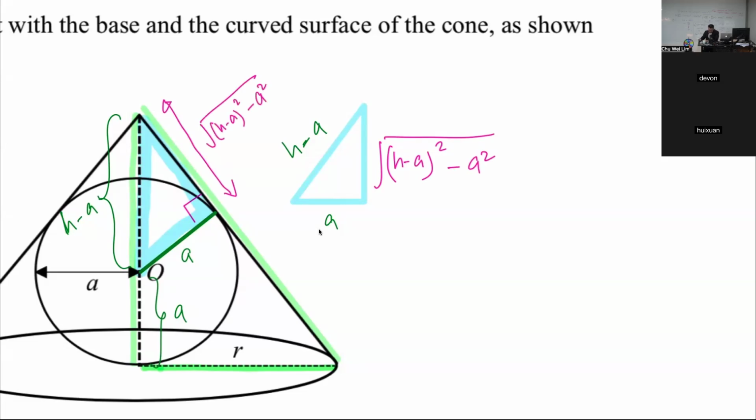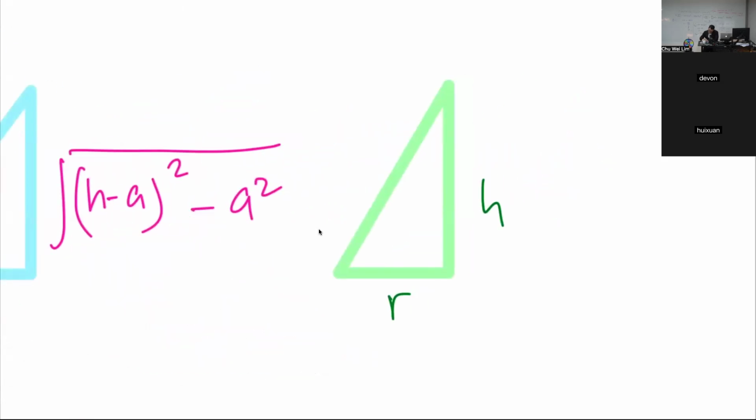Right. And then we got a green triangle. Will be r, height is h. So then the slant height will be square root h square plus r square.